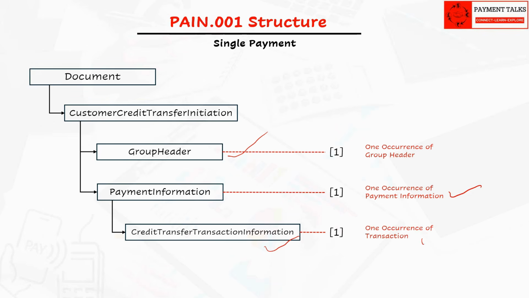So the transaction section, which contains this creditor and other transaction level details like amount, etc., will appear only once. CBPR usage guidelines restrict to have only one transaction per PAIN.001. So if you see the PAIN.001 schema of CBPR Plus, it will be similar to this, where the maximum occurrence of these sections is limited to 1.